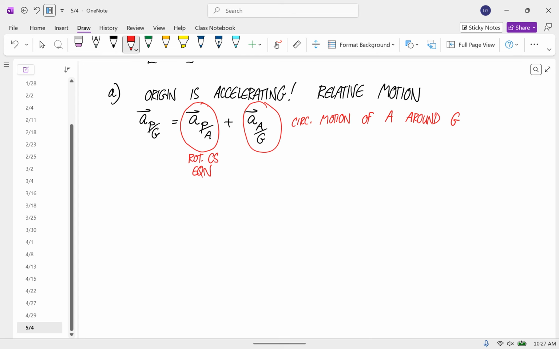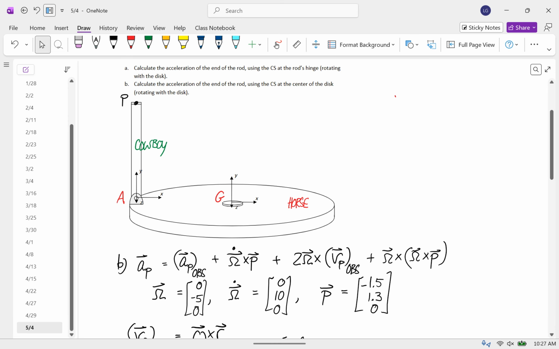We might as well do the easy one first. So the acceleration of A relative to G. That's just a circular motion problem, and we're going to use the watermelon equation. Well, the body that's rotating in this circular motion is the disk.